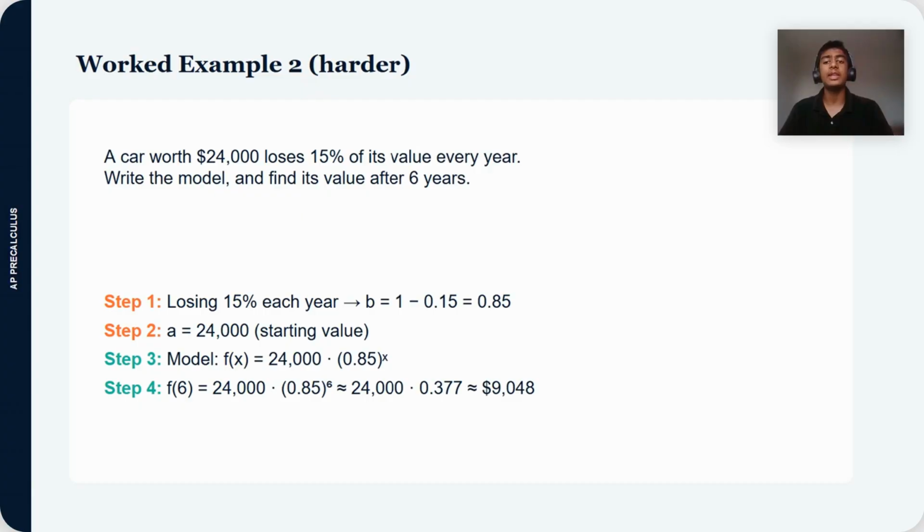It means b = 1 − 0.15, which is 0.85, because you keep 85% of the value each year. a is still the starting value, 24,000. The model is 24,000 · 0.85^x. Plug in 6 years, and 0.85 to the 6 is about 0.377 times 24,000, which is around $9,048.